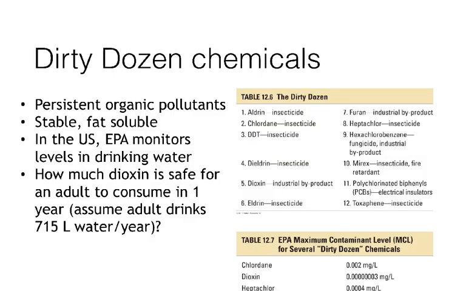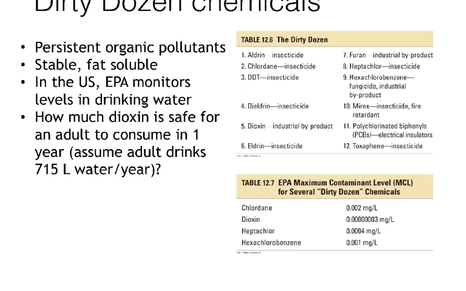All right. One other topic to talk about that's related to concentrations is the concentration of various chemicals. We're going to talk about the dirty dozen chemicals, which are persistent organic pollutants. Basically because they are fat soluble, they don't wash away in water. So in the U.S., the EPA monitors the levels of these toxins in drinking water.